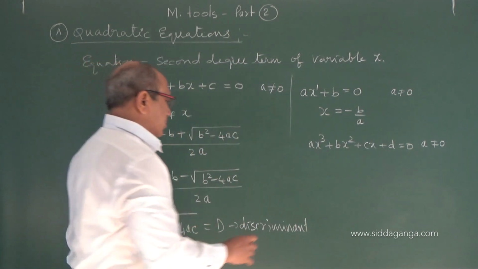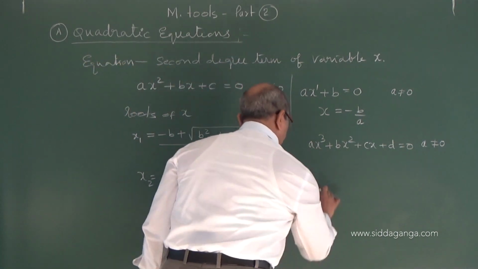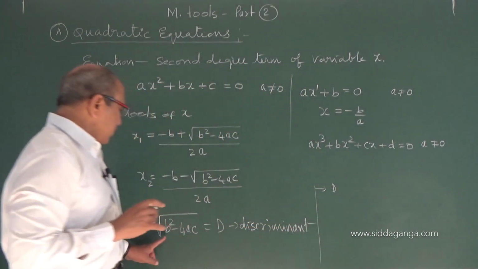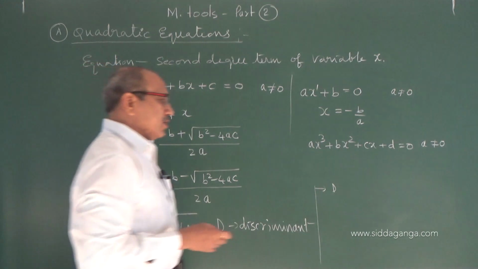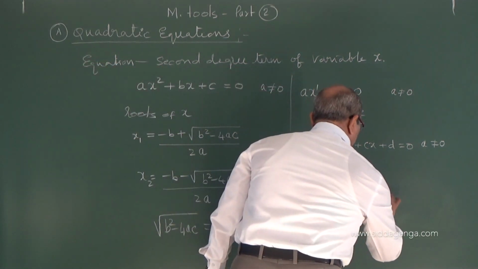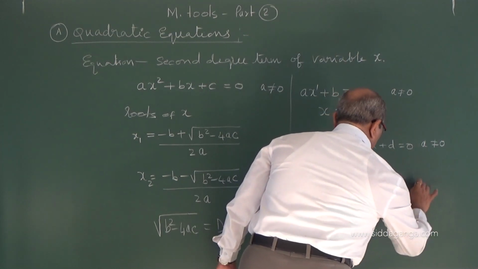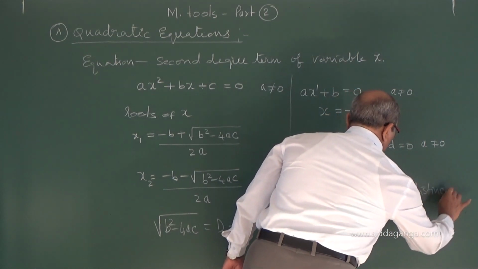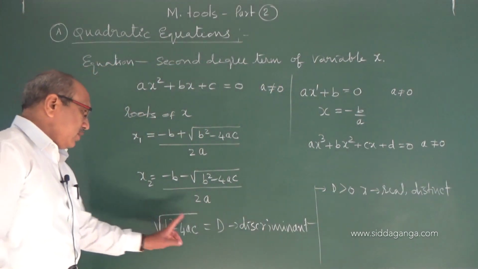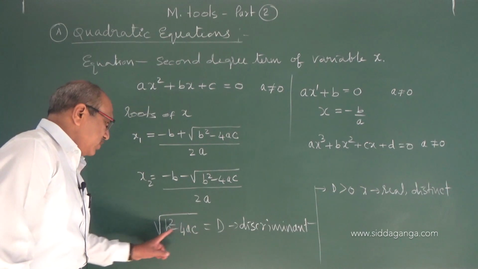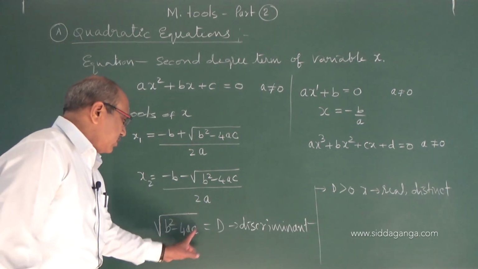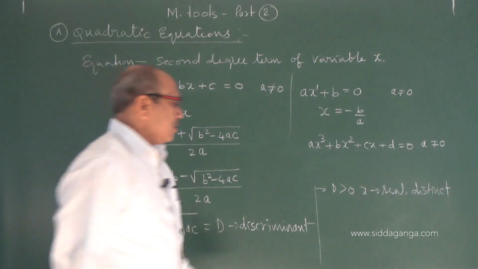This discriminant term can take different values. If d, that is b square minus 4ac, is greater than 0, then x takes real and distinct values, which means b square is greater than 4ac.